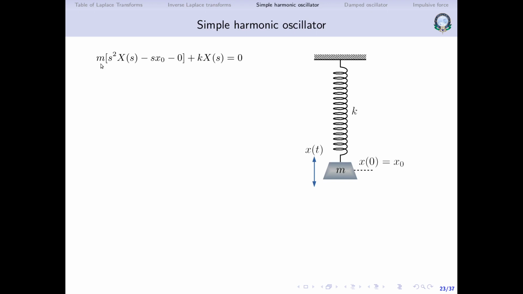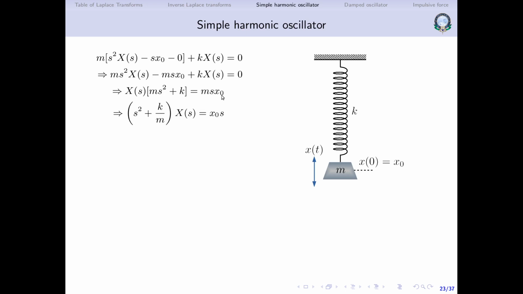So m s square X of s minus m s x naught minus 0 plus k X of s is equal to 0. We open this up, so we have m s square X of s minus m s x naught plus k X of s. I can take X of s common, so we'll get (m s square plus k) X of s is equal to, this goes on this side, plus m s x naught.